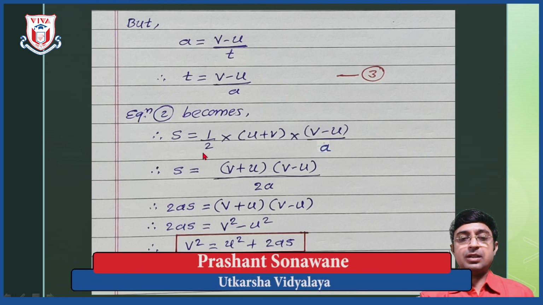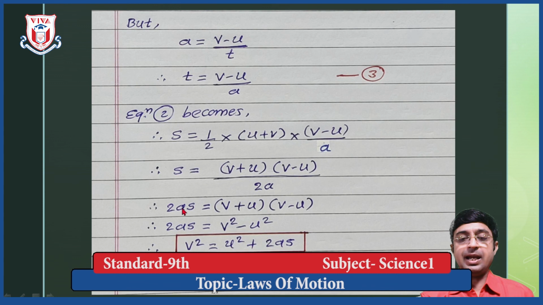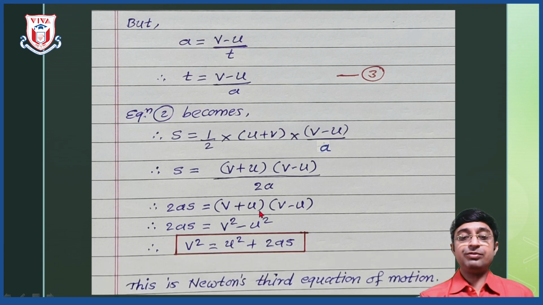These two terms, upon 2 and upon a, we take as 2a on the left hand side. So 2as, 2 multiplied by a means acceleration, s means distance, is equal to v plus u multiplied by v minus u. We know the formula in mathematics, like a plus b multiplied by a minus b is nothing but a square minus b square.